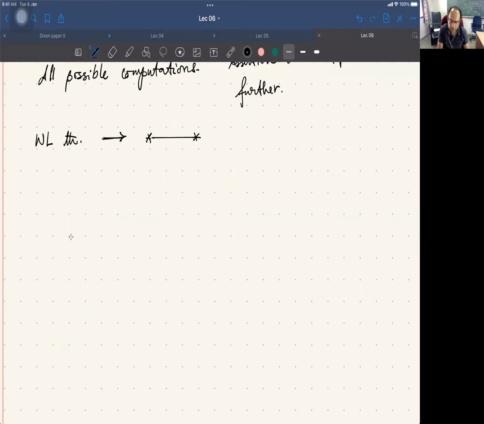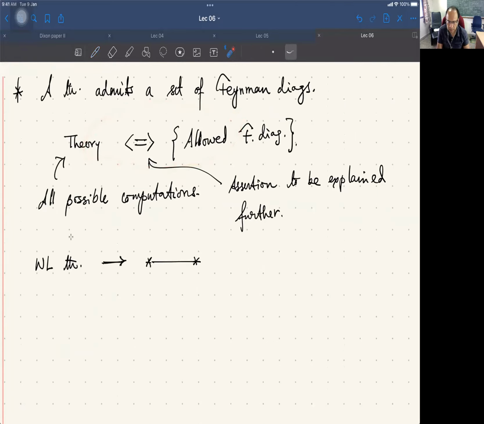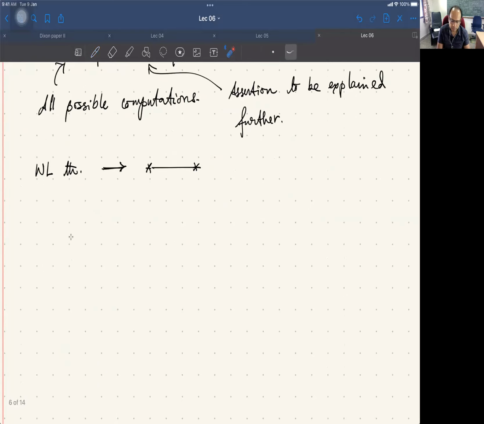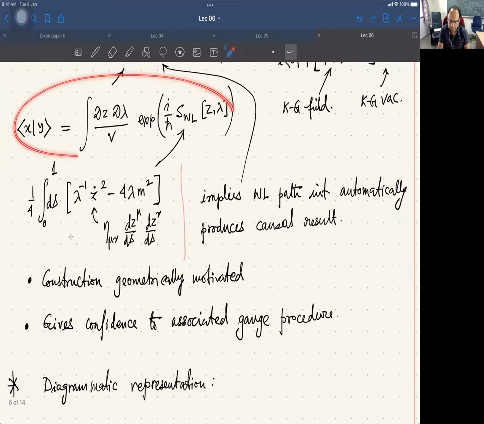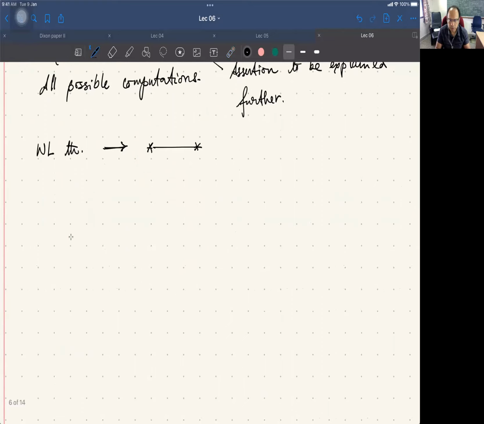So we are taking worldline theory as an example where we are trying to demonstrate this fact. We know worldline theory already has this computation, basically the computation of this path integral, and that has a diagrammatic representation. We just introduced that. The question is, what else could we compute in this particular theory?